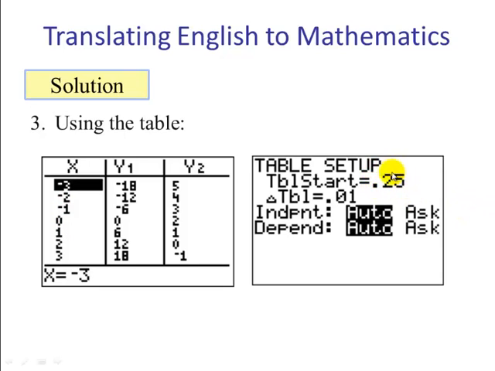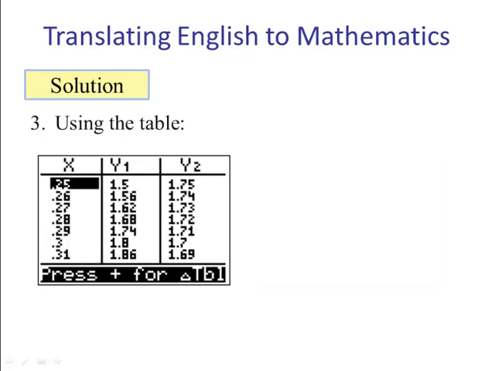We want it to start at about 0.25, and then I'm going to change how the calculator counts. Instead of by 1, I want it to count by 0.01. Then we hit second and graph, which is table. These values are approximately the same. They're close to each other when x is in between 0.28 and 0.29.